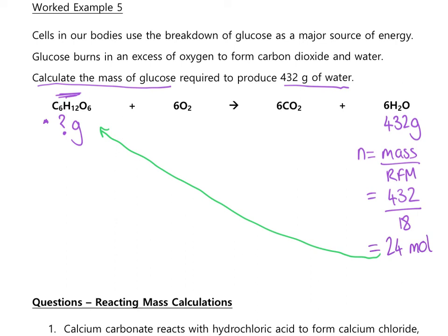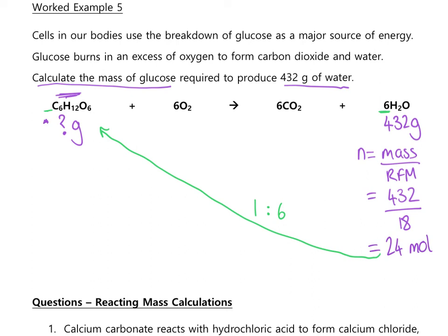You can see that I have a balancing number of 6 in front of my water and a balancing number of essentially 1 in front of my glucose. That means that for every 1 mole of glucose that we have, we form 6 moles of water. How I would normally write my ratio on the arrow is consistent with the balancing numbers as to where they are.